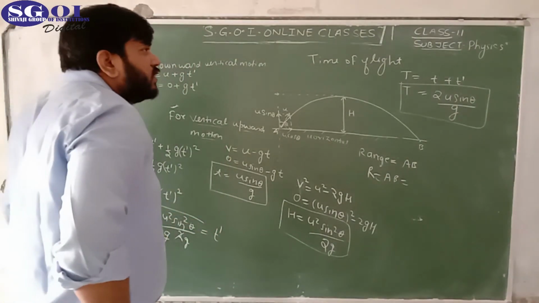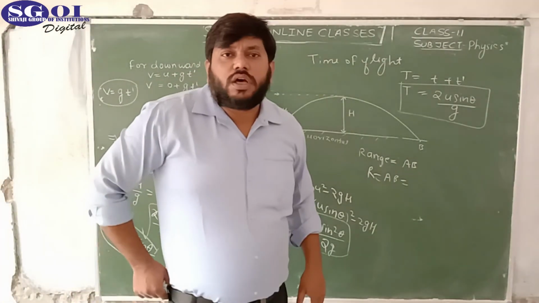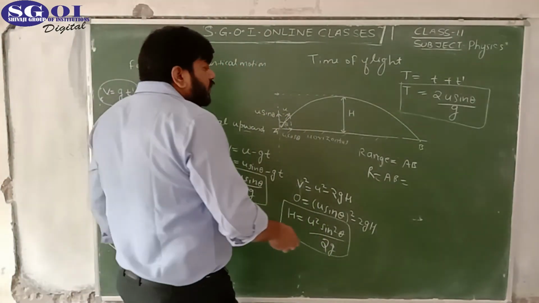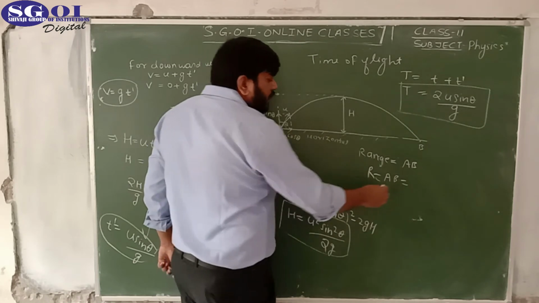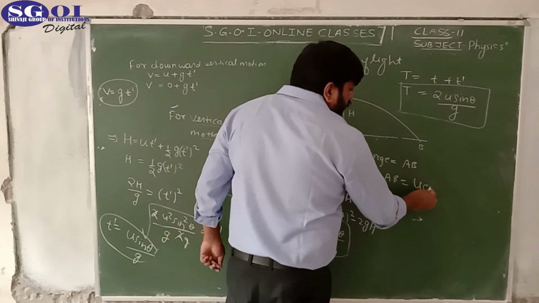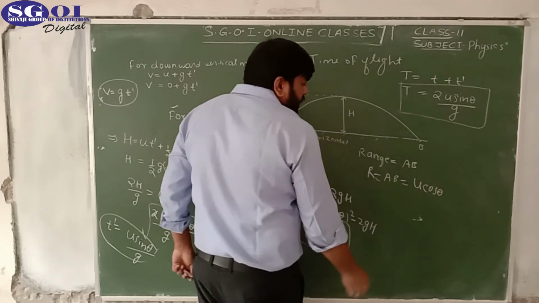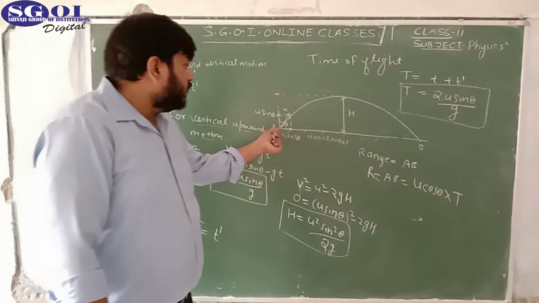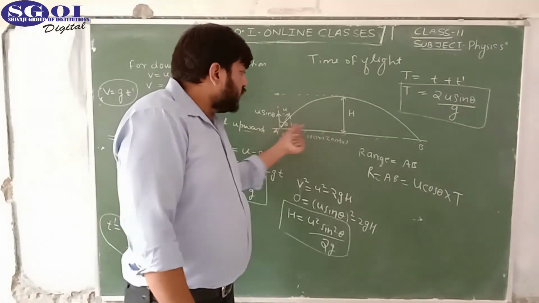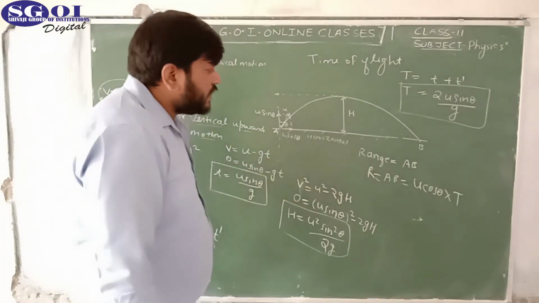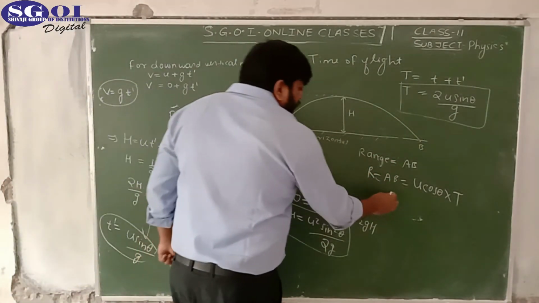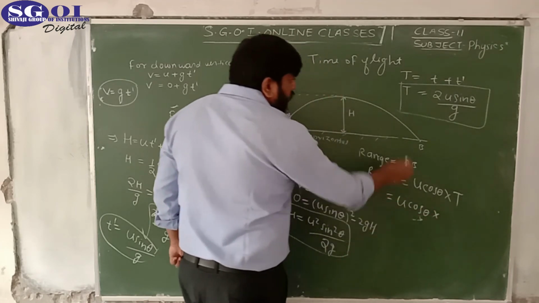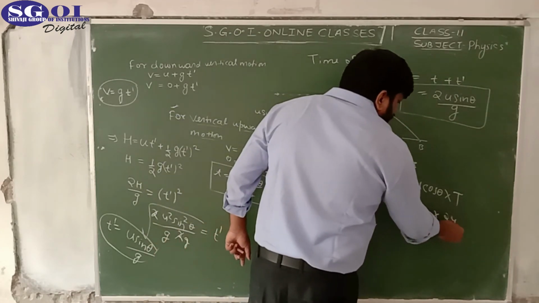For uniform velocity, we use the formula speed equals distance upon time, so distance is speed times time. The speed is u cos theta, and the time is the time of flight, 2u sin theta upon g.